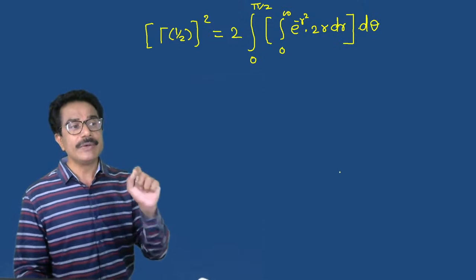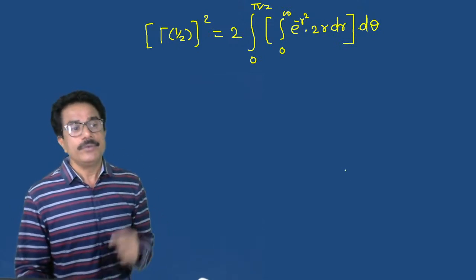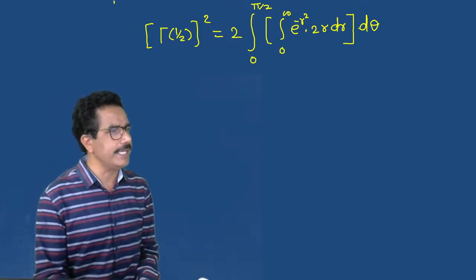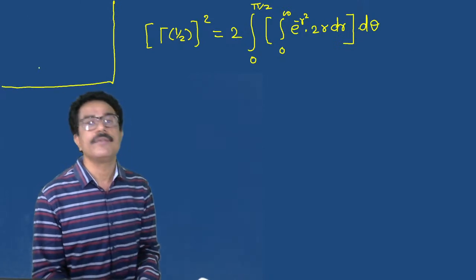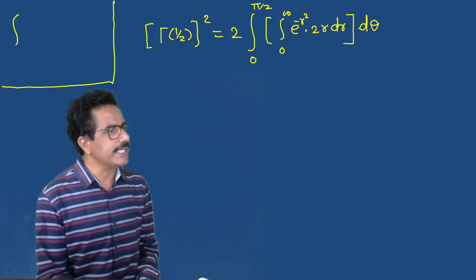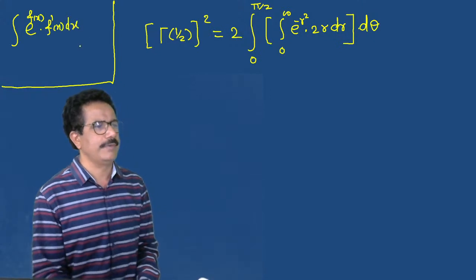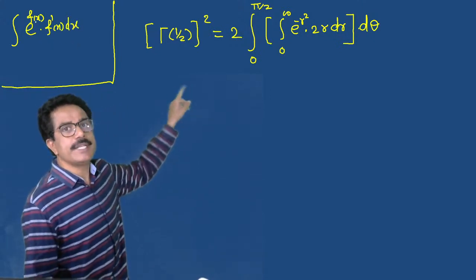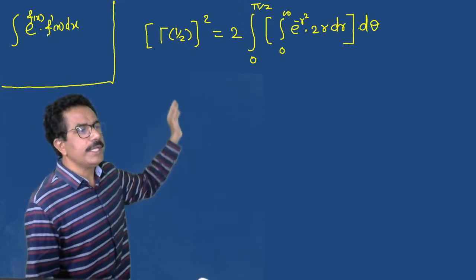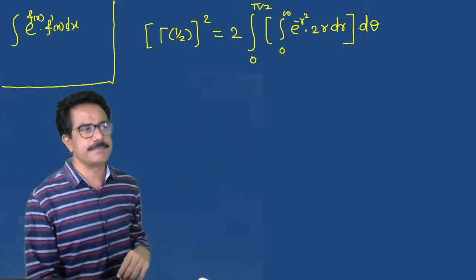Actually we know the formula. What is that formula? You can write here the formula of the integral of e raised to f of x into f dash of x dx. See this, e raised to f of x into f dash of x dx.